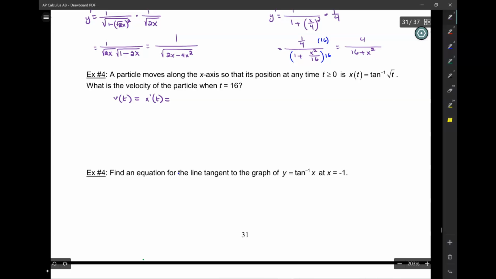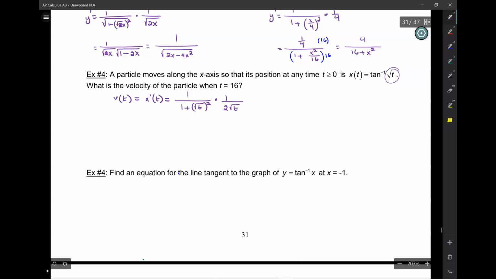Okay. The derivative of inverse tangent is 1 over 1 plus u squared times the derivative of the inside. So what's the derivative of a square root? 1 over 2 root t.